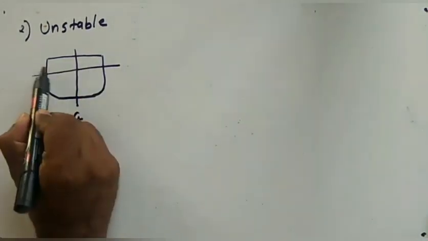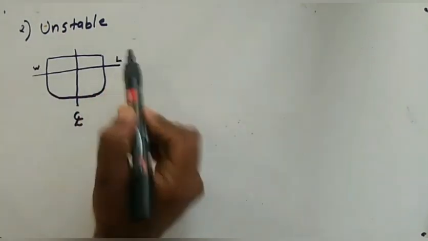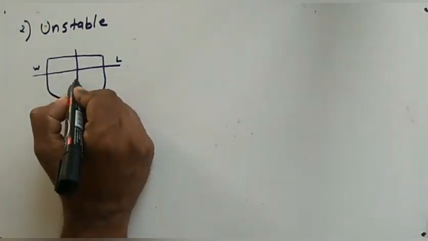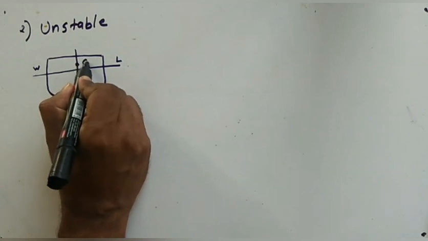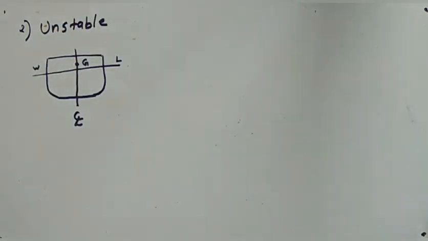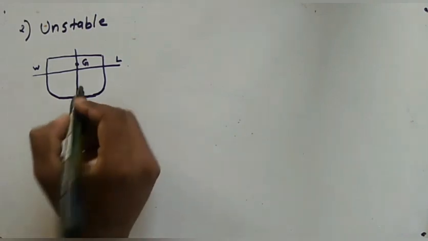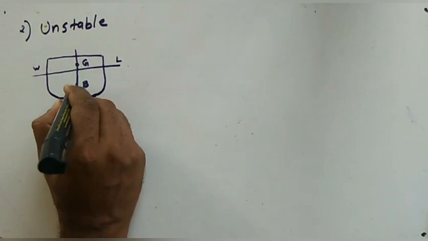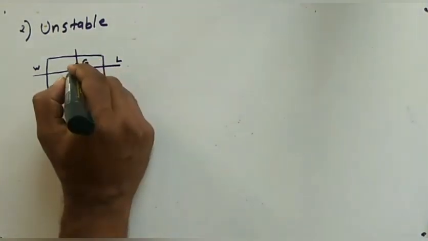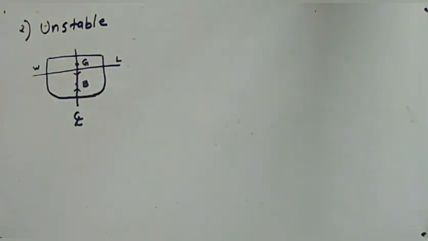This is my water line WL. The center of gravity is lying somewhere over here. Just consider the case where the center of gravity is lying somewhere on the top near the deck, and the center of buoyancy over here. So the center of buoyancy acts vertically upward and the center of gravity acts vertically downwards.